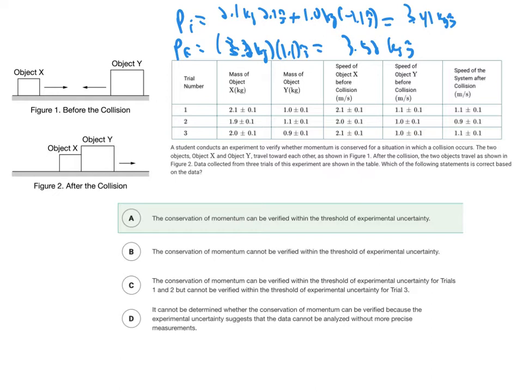Because really what you should be doing is saying, well, that was assuming I took the averages. But what if I had taken, for instance, the low velocities after? So what if I were to say that we're really 1 instead of 1.1 at the end? Then my final momentum would have been 3.2, which is below, right?